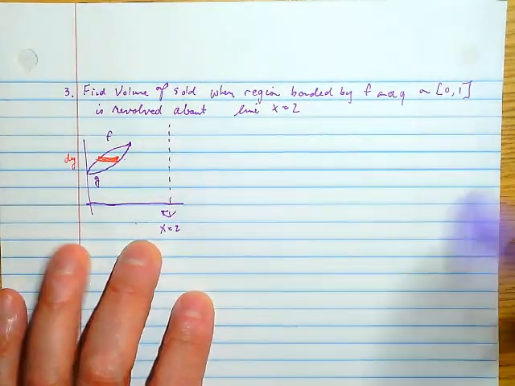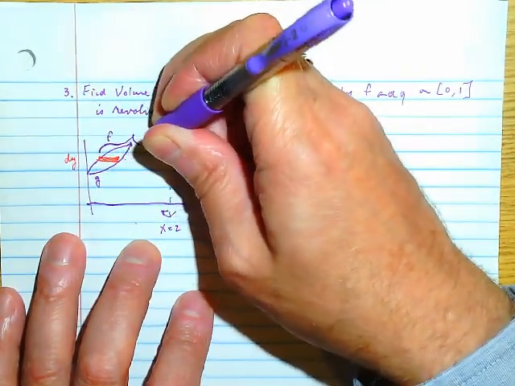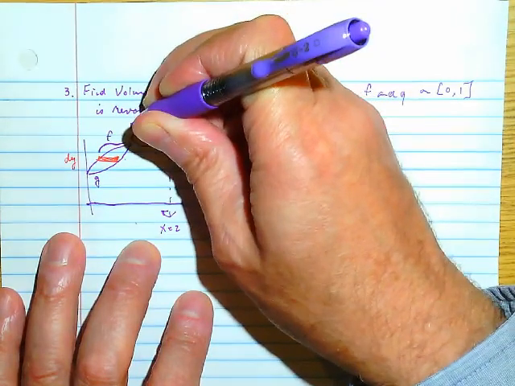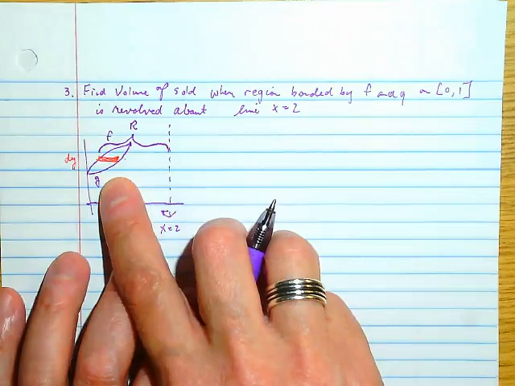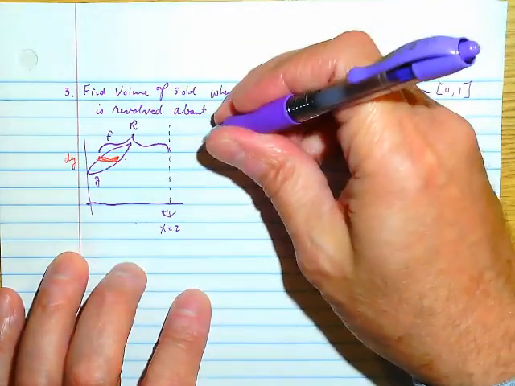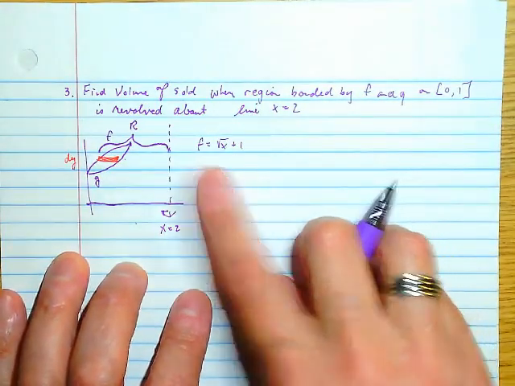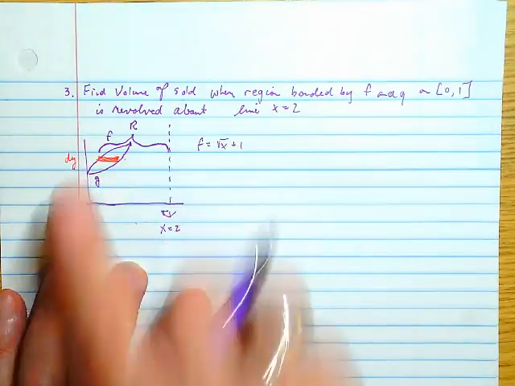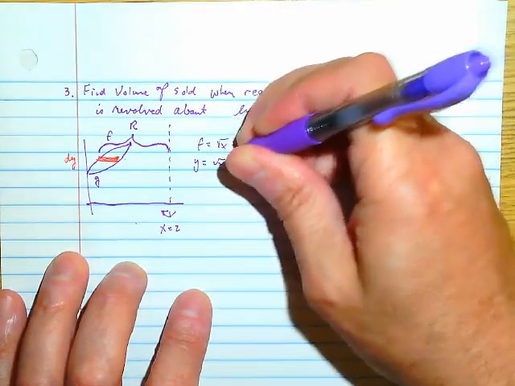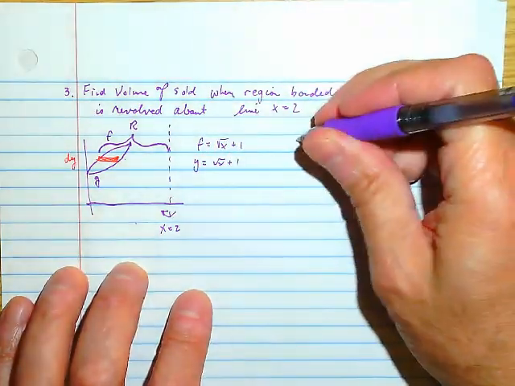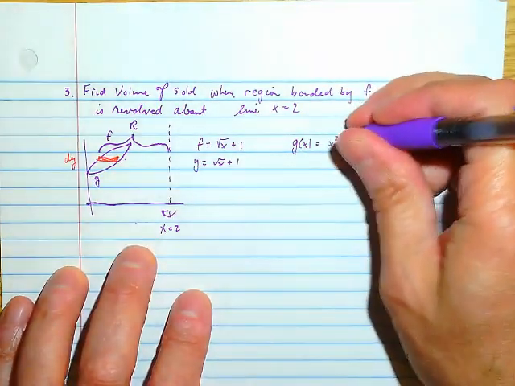Okay? So instead, I need to find big R. Well, big R is my surface on the outside. That's still my f function, but I might need to think about that because remember, we said that f is equal to the square root of x plus 1. Okay? However, if it's a function of x and I've got a dy, so I might have to say y equals square root of x plus 1 and think about that. G we said it was what? X squared plus 1.